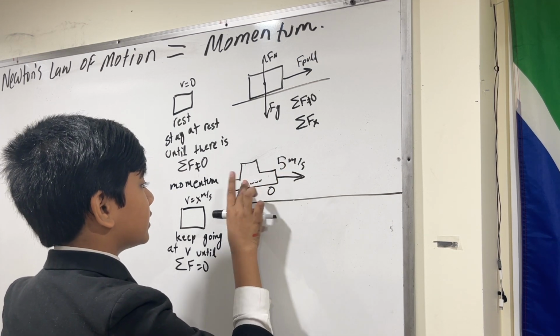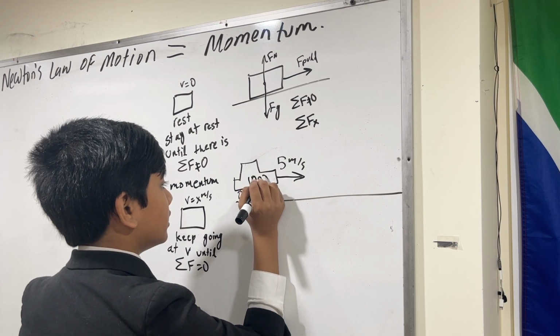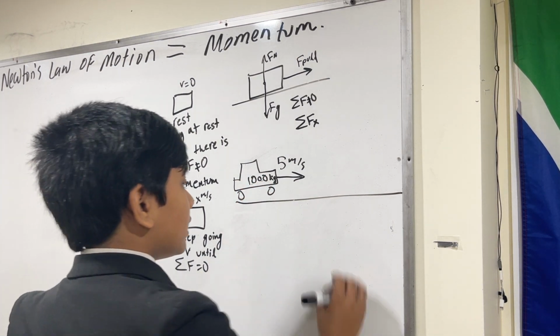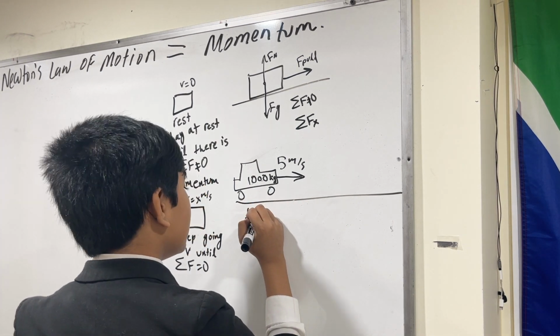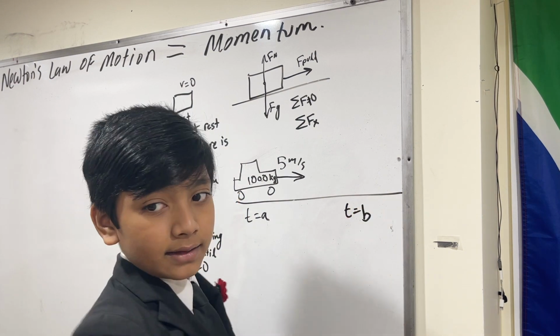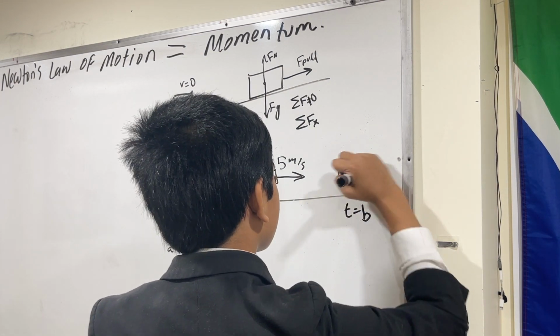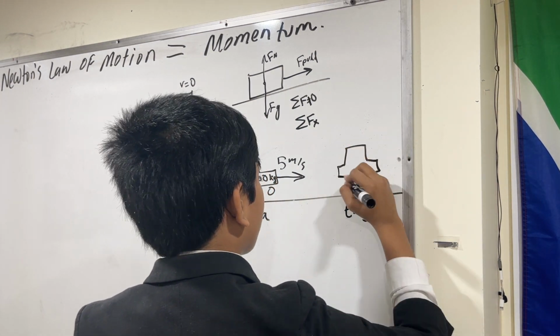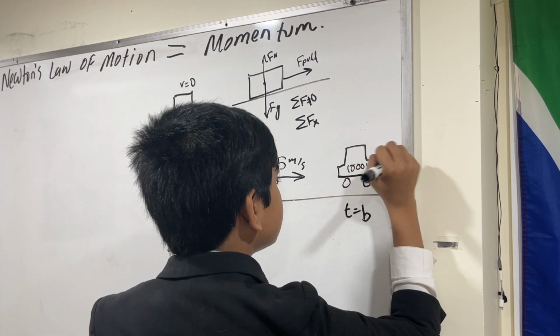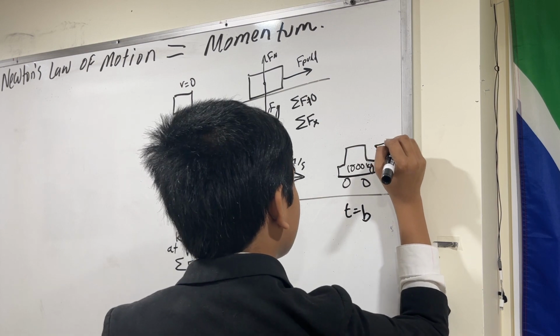Well, 50 is actually a little low for a car. Not a little, but let's say it's 1,000 kilos. So now, let's say this is at time ta, and at time tb, it's over here. It's still 1,000 kilograms, obviously, and it's still moving at 5 meters per second.